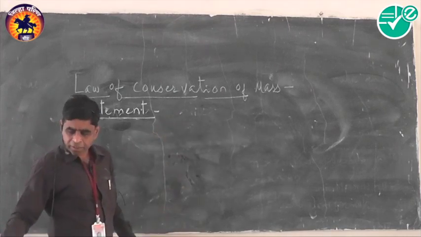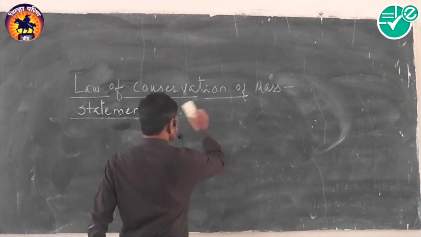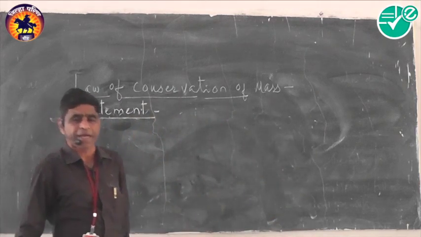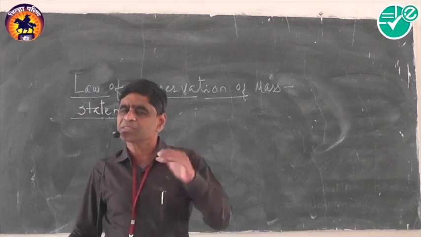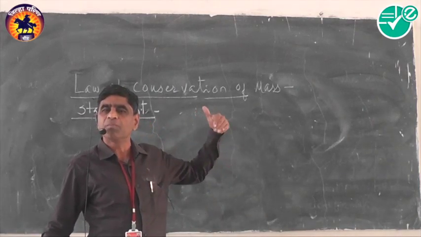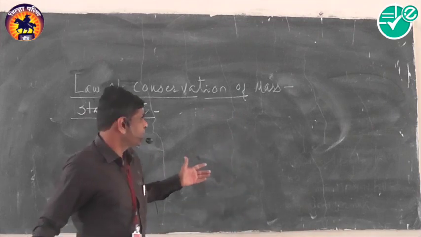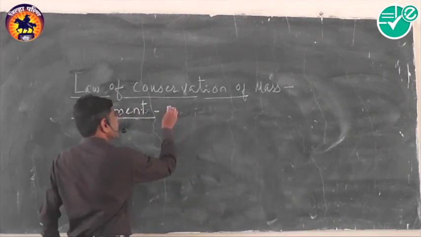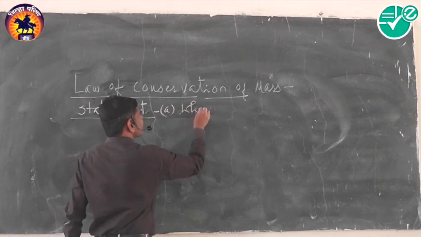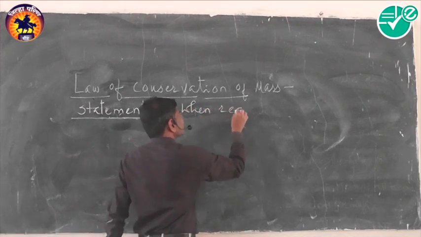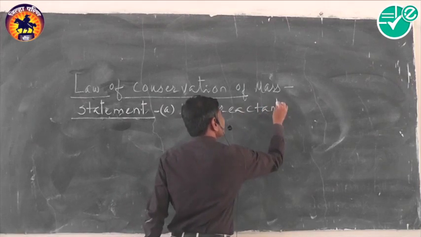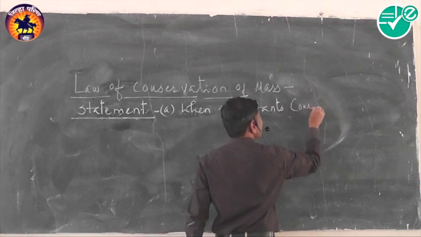Now, you know that during a reaction, some reactants completely react. Their masses completely react, and they are converted completely into product. Remember the first case, when reactants completely react by mass.